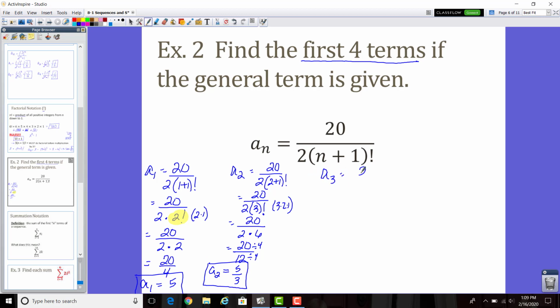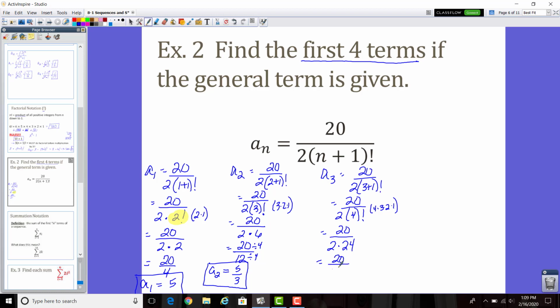Two more terms here. 20 is going to divide by 2 times 3 plus 1 factorial. So 20 will divide by 2 times 4 factorial. So 4 factorial means 4 times 3 times 2 times 1, which is 24.